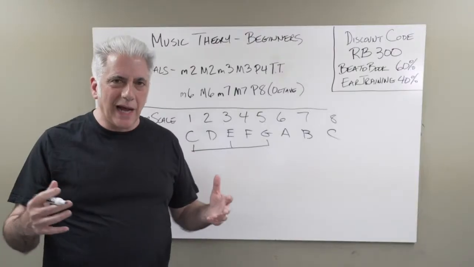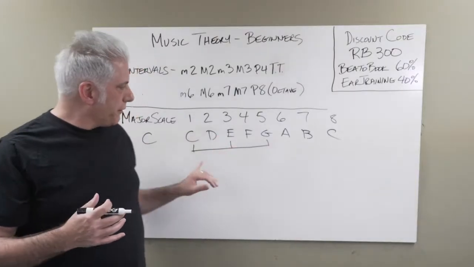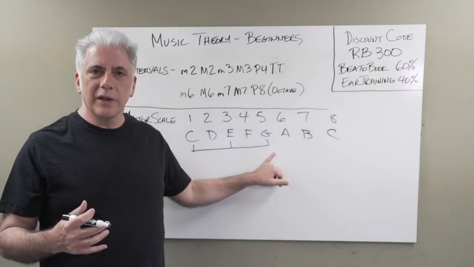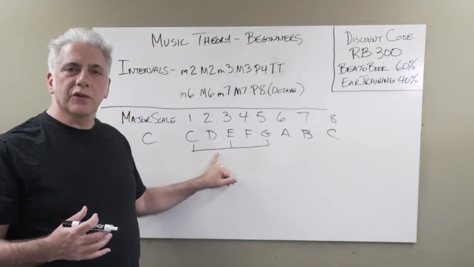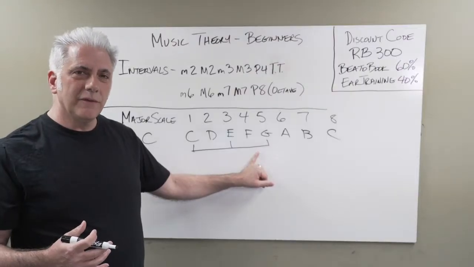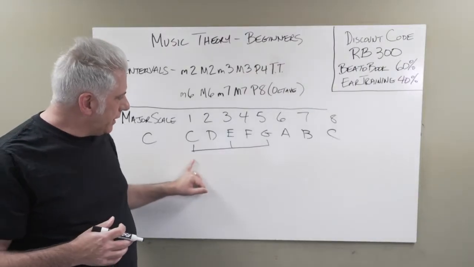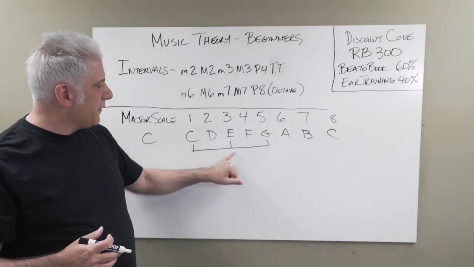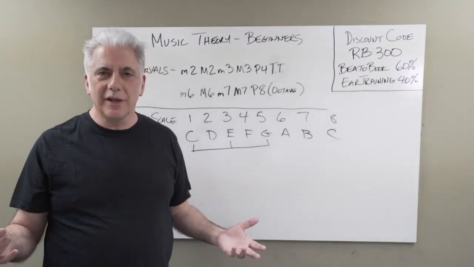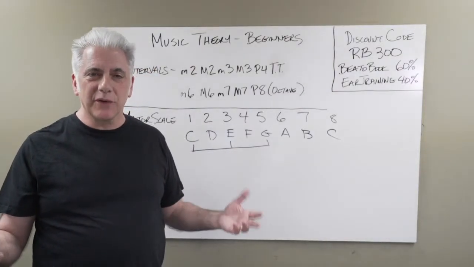Okay, maybe 5, but the 1, 3, and 5, if it's a C major chord, those are the notes that are going to sound good in the melody. The 2 sounds good too, right? And sometimes the 4 sounds good if it's a sharp 4. But typically 1, 2, 3, and 5 are the notes that sound good. So your melody is going to have those notes in it if it's going to be a melody that actually makes sense.